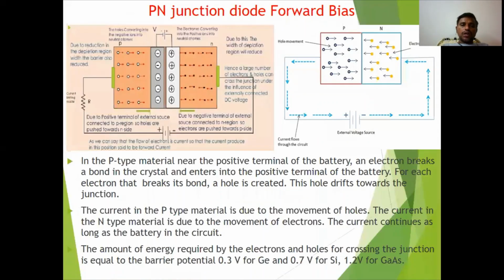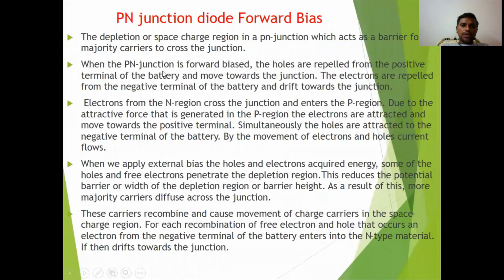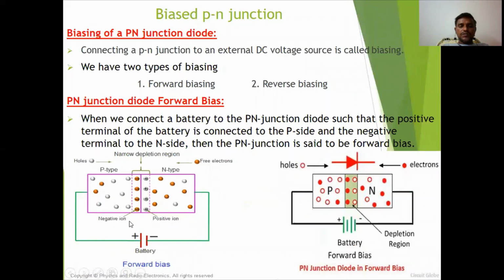Because if you apply a small voltage here, that voltage only tries to overcome the depletion region, but it cannot completely reduce it. So there is some opposing force for the electrons and holes crossing the junction. So fewer electrons and holes will move from n-type to p-type and p-type to n-type if we apply a lesser voltage.